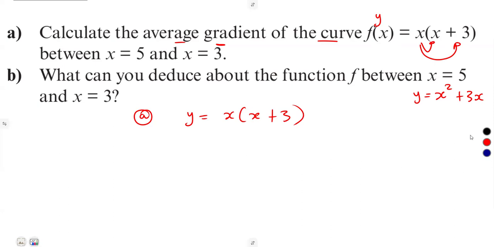Or you can just substitute your values in this equation as it is. Like I said, for the average gradient, you're going to need 2 points. So when x is positive 5, let us substitute.